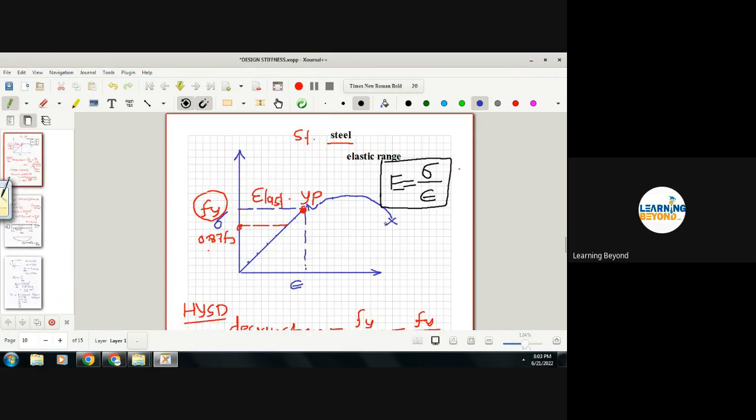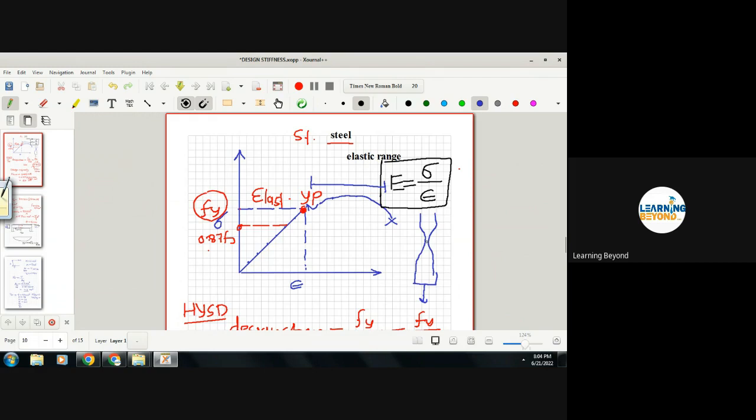Fail means steel will cut. A neck will form in the rod somewhere, and it will go on elongating. A neck will form because you are pulling it.